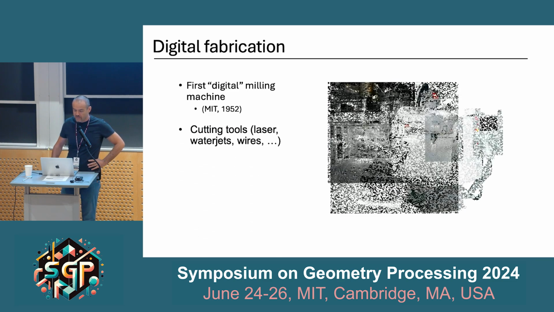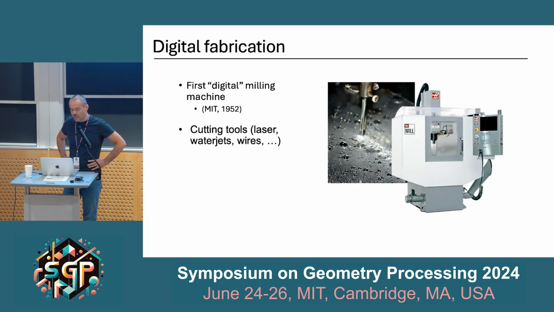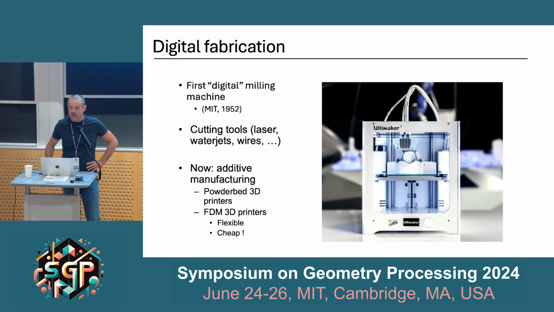Fortunately, technology has evolved, and many other cutting tools were invented along the years, such as lasers, water jets, wires, and so on, up to modern days, where additive manufacturing has emerged as a technology due to its flexibility and due to the fact that 3D printers are quite cheap.